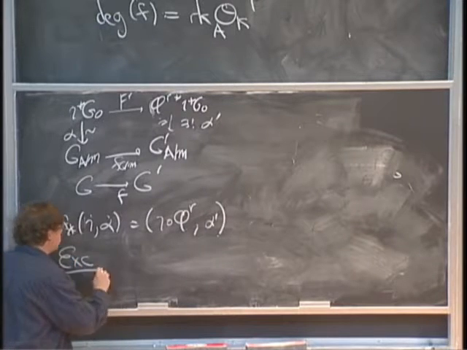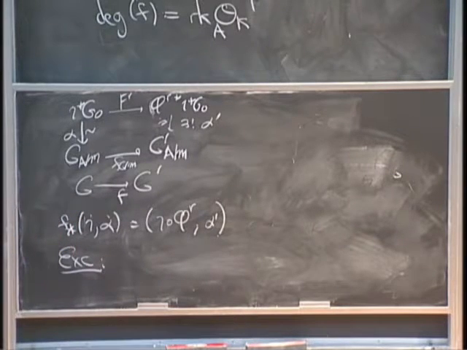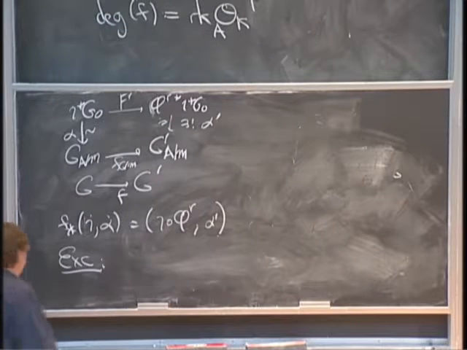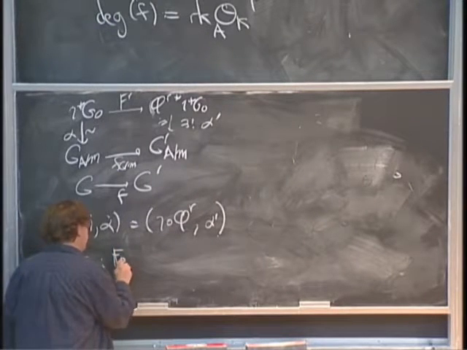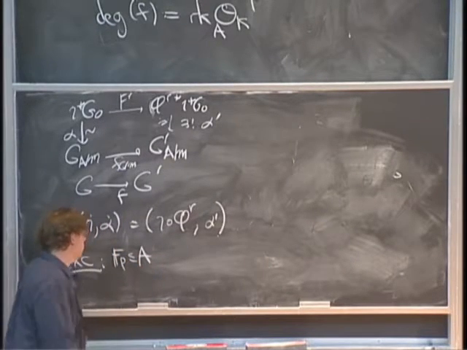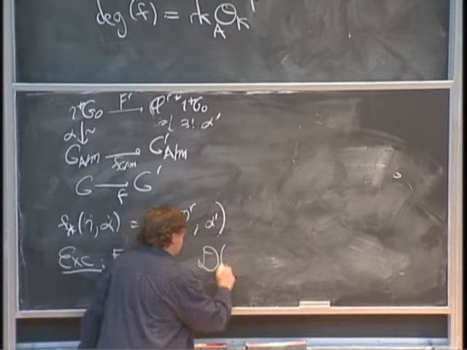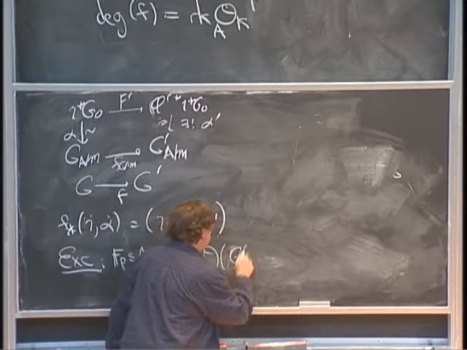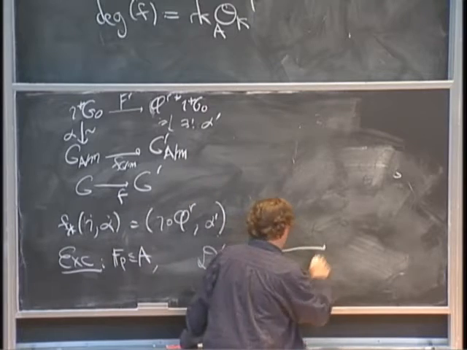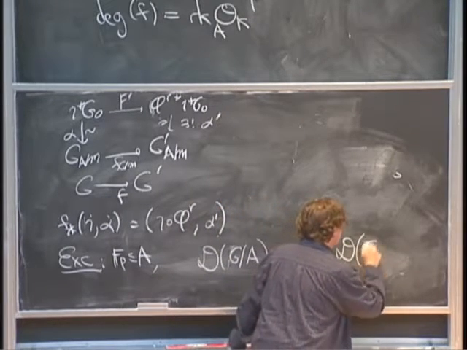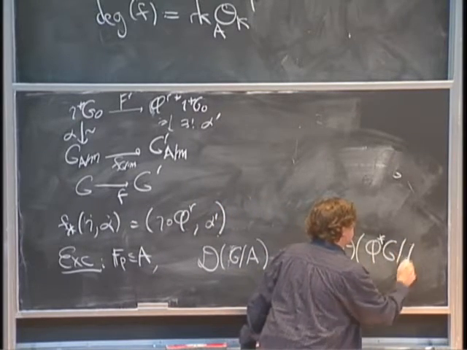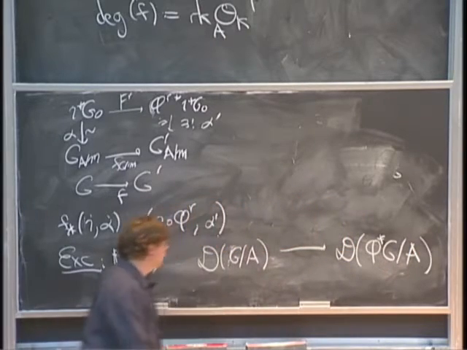Here's an exercise that you can do to make sure that you understood the definitions. Again, if I have F_p in A, there are two different ways I can move a deformation from G to the base change of G along the p-th power map.